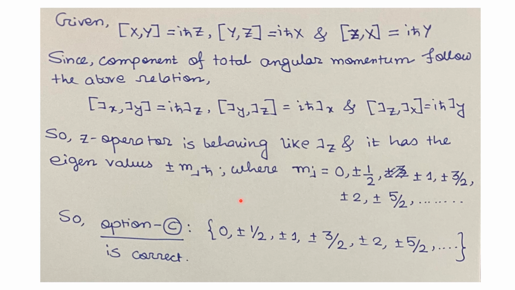So by this analogy we can say the eigenvalues for the Z operator in terms of h cut are 0, plus minus half, plus minus 1, plus minus 3 by 2, plus minus 2, plus minus 5 by 2, and so on. So our option C is correct for this question.